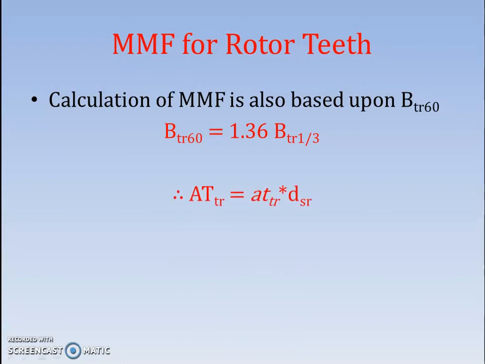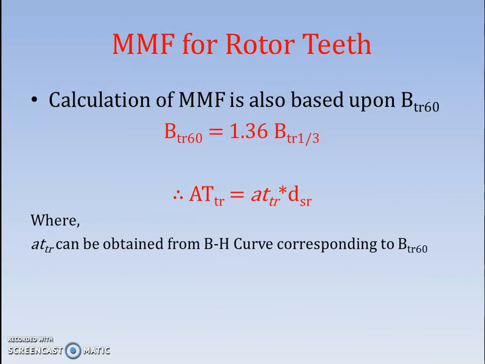So magnetomotive force of rotor teeth can be easily calculated based on ampere turns of the rotor teeth multiplied by depth of the rotor slots, where ampere turn for rotor teeth can be obtained from the BH curve corresponding to flux density of rotor teeth at 60 degree.